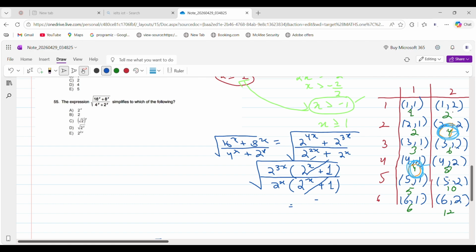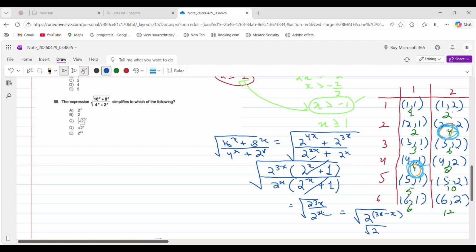Now you are only left with under root 2 power 3x upon 2 power x. So basically when bases are the same and they are dividing, you just have to subtract the powers. So all under root 2 power 3x minus x, you just subtract the powers because bases are the same.